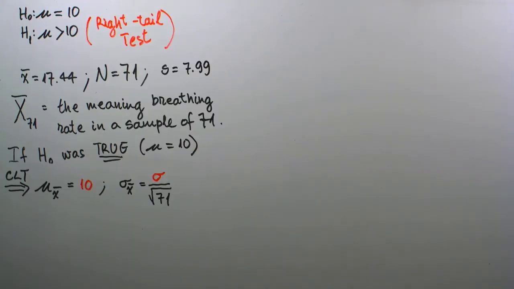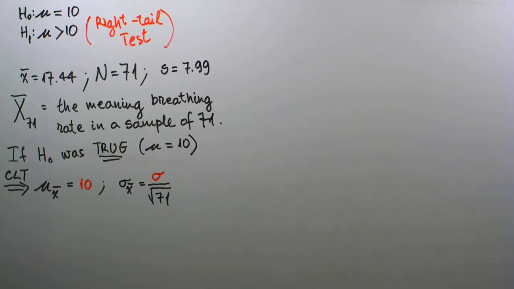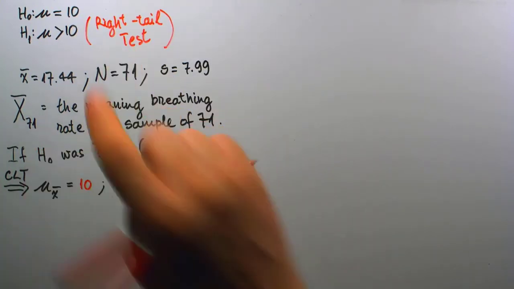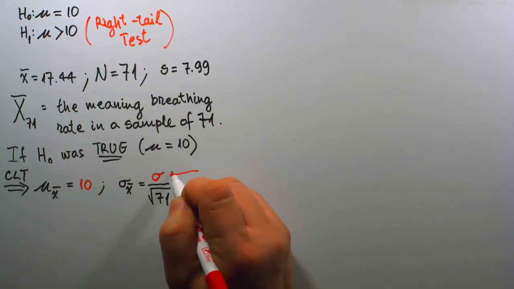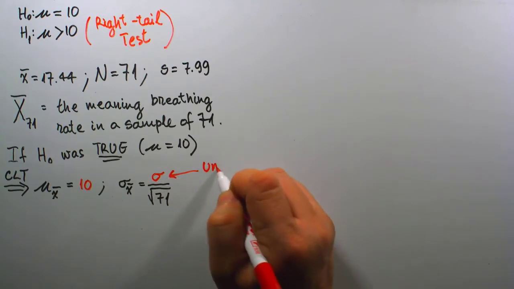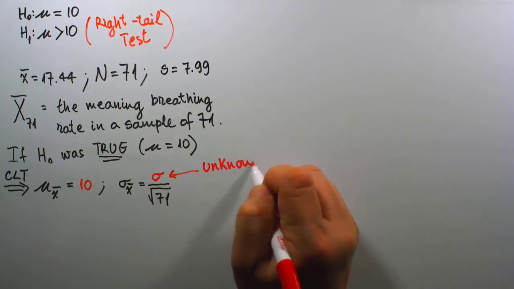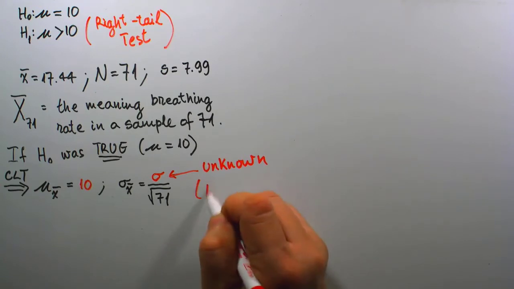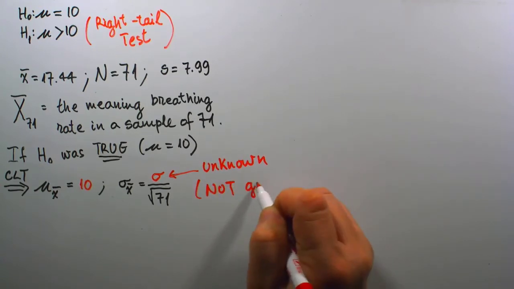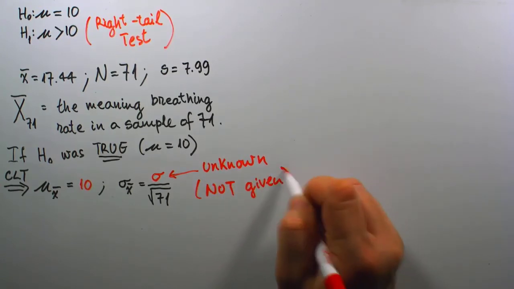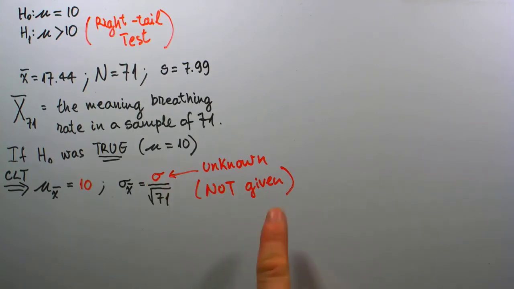And so as a further impact, in this problem we are testing the hypothesis without knowing sigma. So our sigma value is unknown or not given.